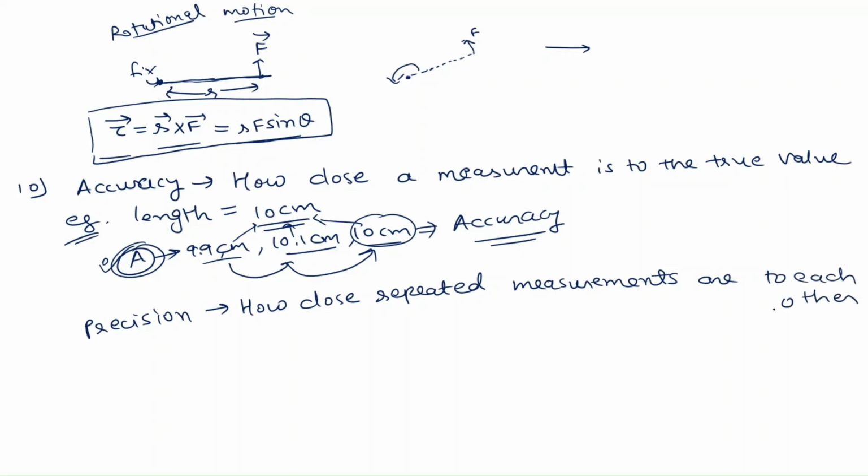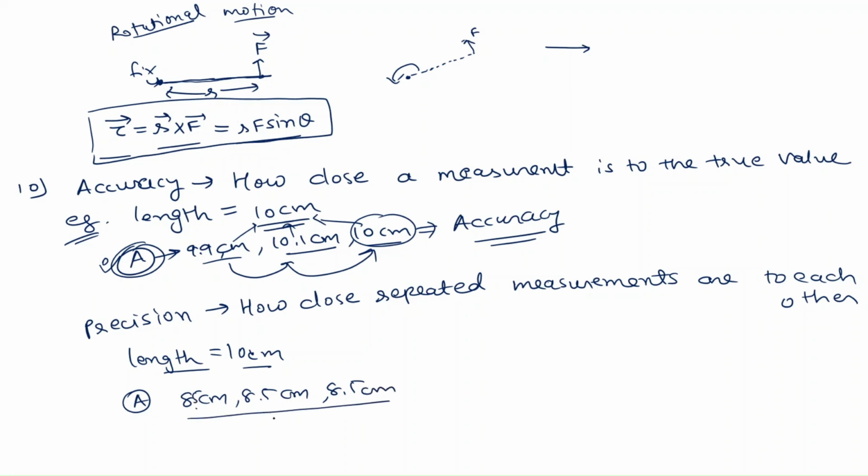Okay. Let's take the same scenario. The length is 10 centimeter. But here, student A got 8 centimeter, 8.5 centimeter, 8.5 centimeter. He got the same result three times.